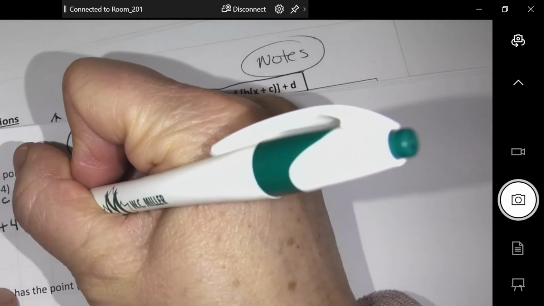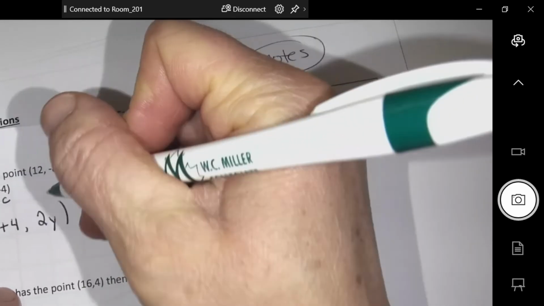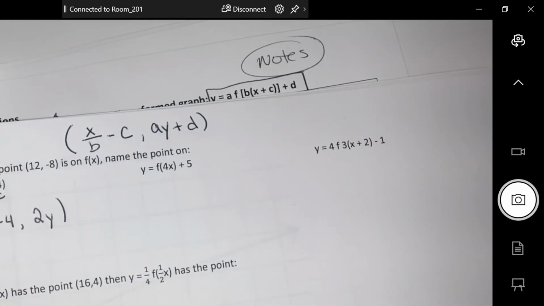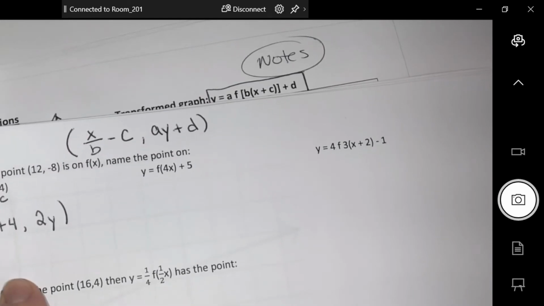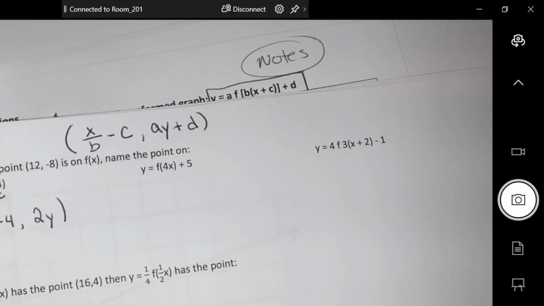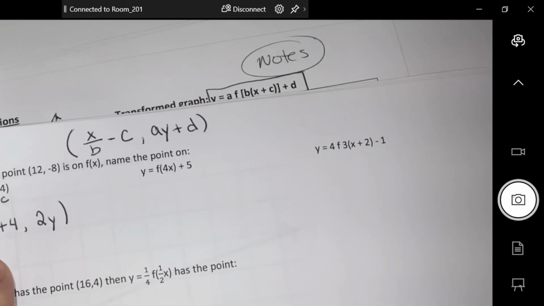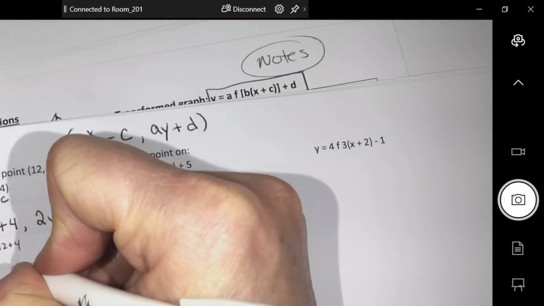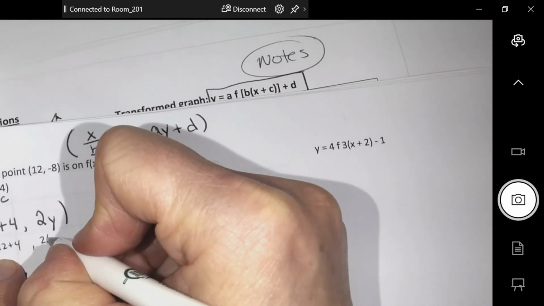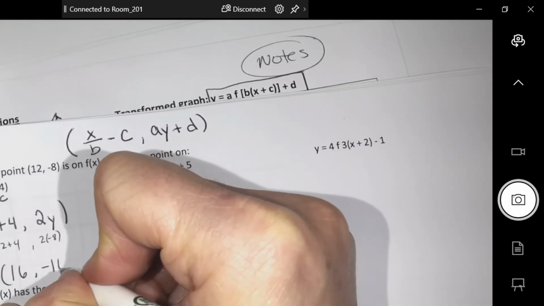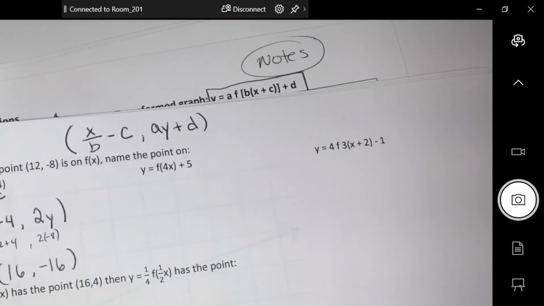Comma 2y, because that's a multiplier. So if we were starting at 12, negative 8, where would we end up? So what is 12 plus 4? 16, comma, negative 16. That's the new point.